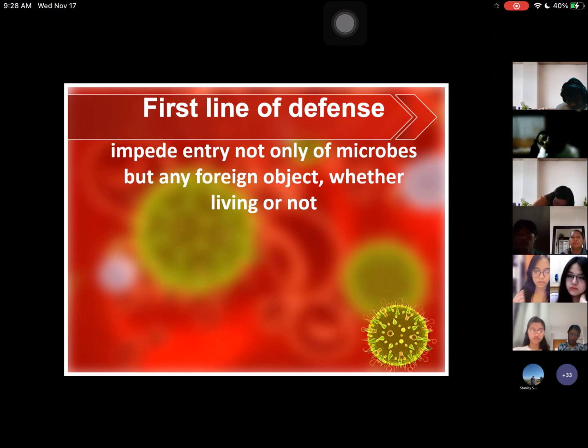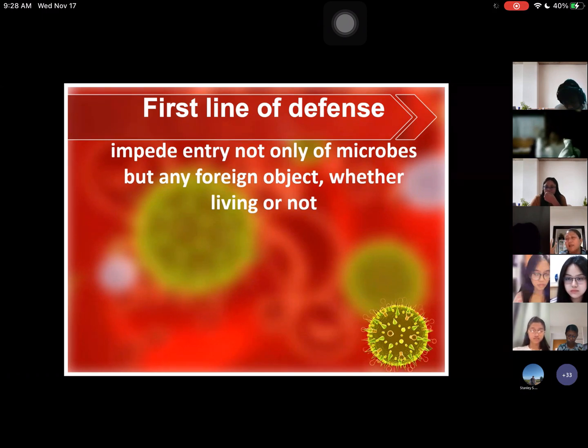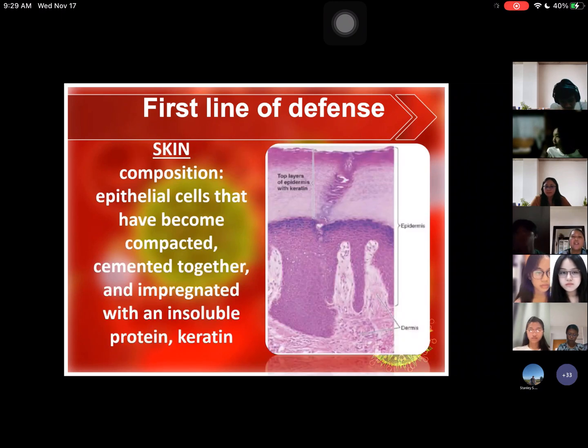For example, if there is something non-living that gains entry or infects your eyes, in the succeeding slides we will see what the action is. What is our defense against those living and non-living invaders?